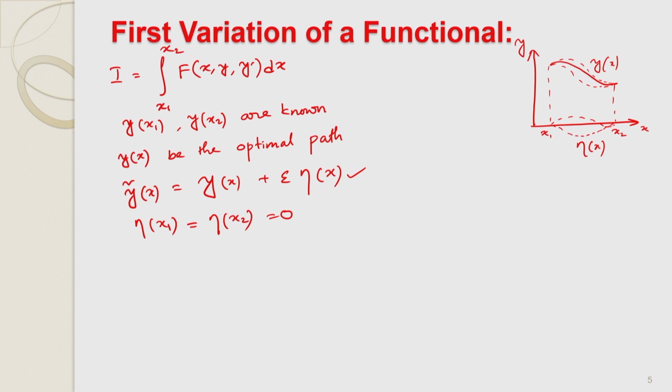Then the varied functional for different y tilde can be written as, now we have our original functional I at epsilon equal to 0.